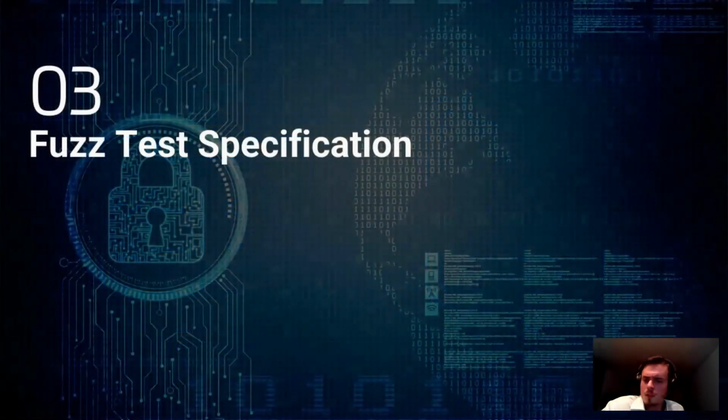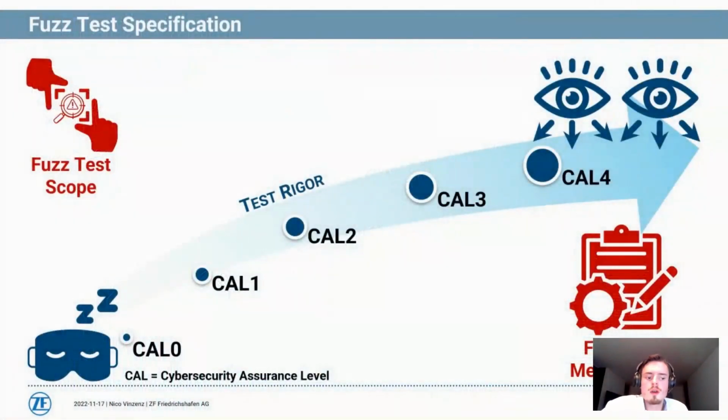And starting with our first work product, the Fuzz test specification. Basically, we have two leading factors for our test specification, which are the Fuzz test scope and our Fuzz test methodology. Both are determined by assigning a test rigor level to assets of our Fuzz test target.